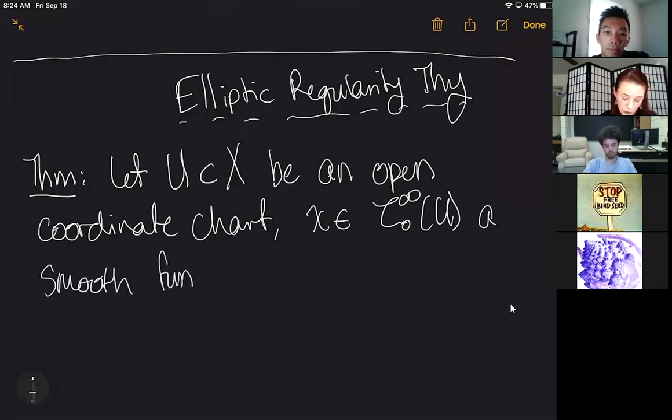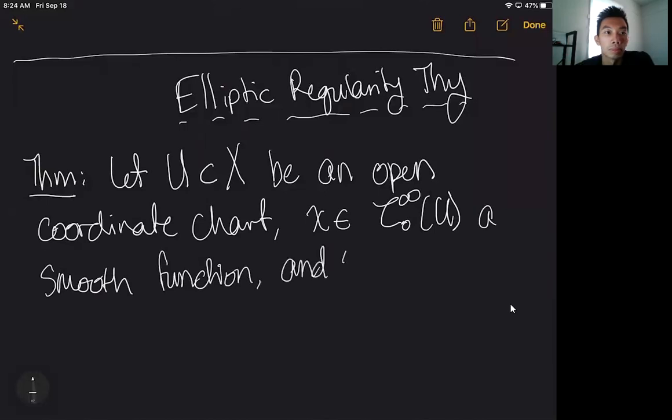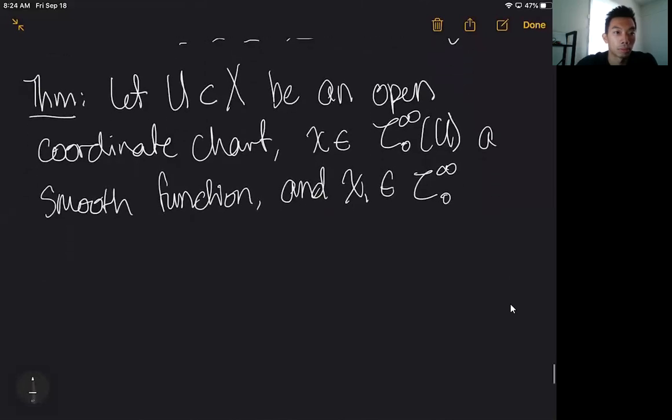And really what this result is going to do is begin our analysis of regularity in the sense of Sobolev spaces.